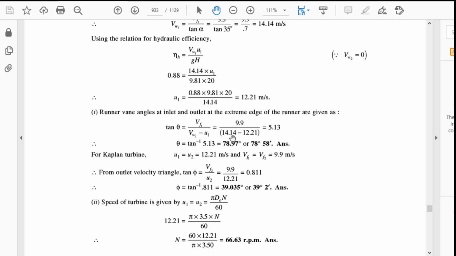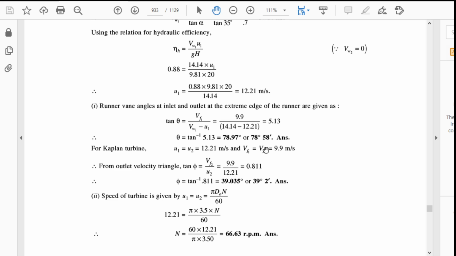Now the runner vane angles at inlet and outlet at the extreme edge can be found from the velocity triangles, and tan theta will be Vf1 divided by (Vw1 minus u1). All these terms we have found earlier. Substitute the values here and you will get theta as 78 degrees 58 minutes.